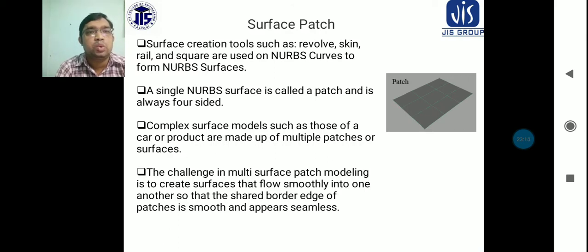Surface creating tools such as revolve, skin, rail, and square are used on NURBS curves to form a NURBS surface.